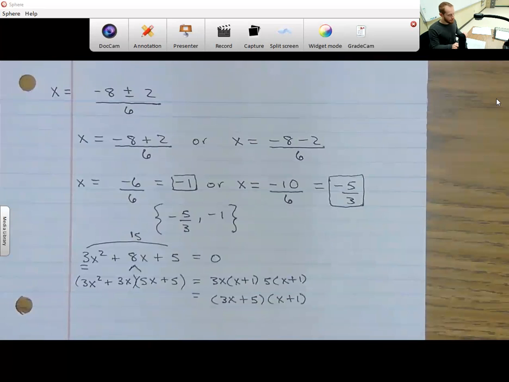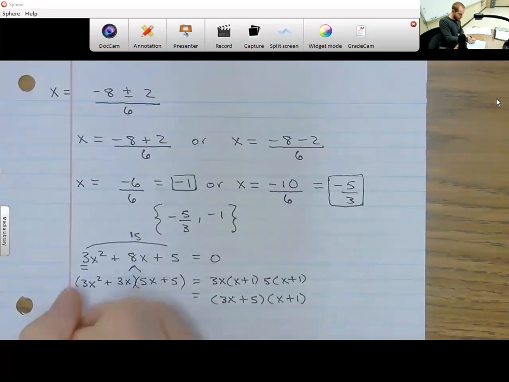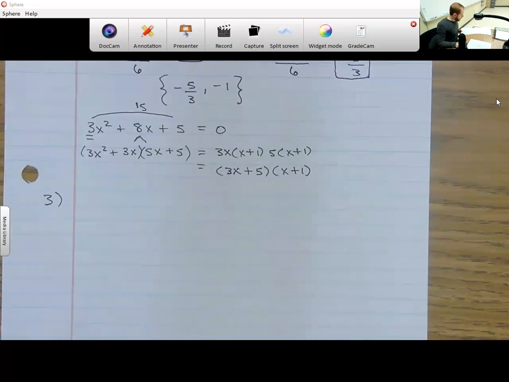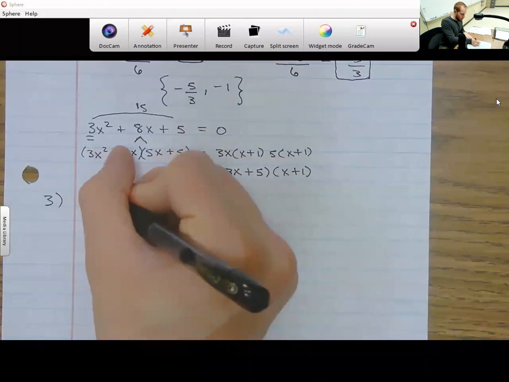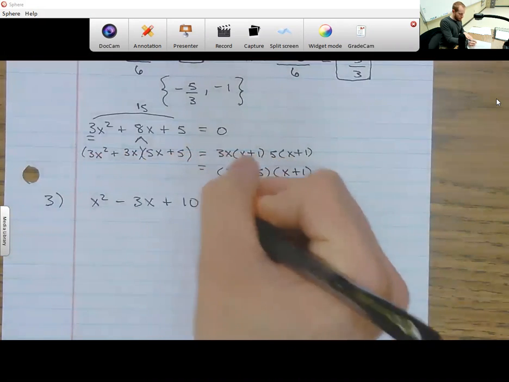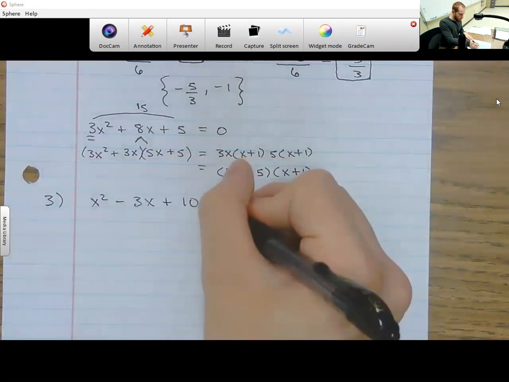Okay. Let's do the last one that we're going to be doing. This one is number 3 on the problem set. Number 3. Okay. X squared minus 3x plus 10 equals 0.